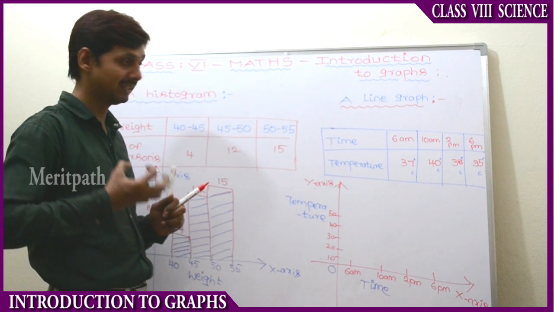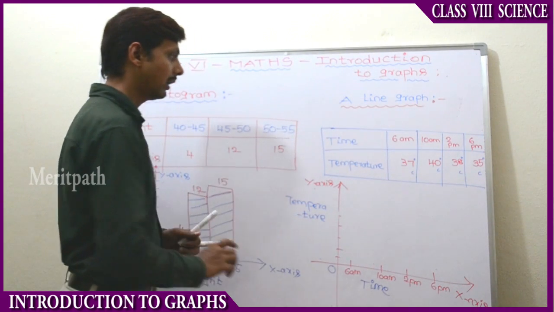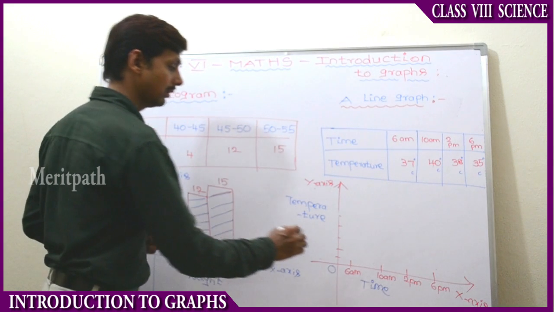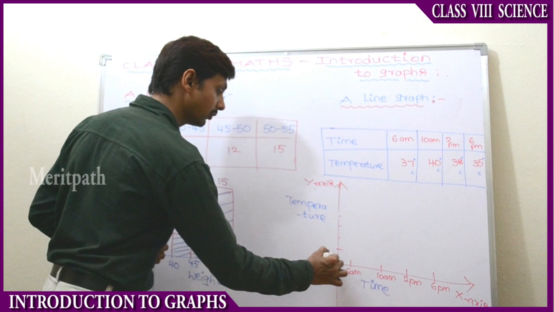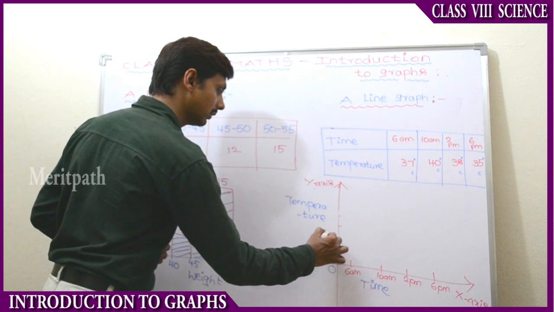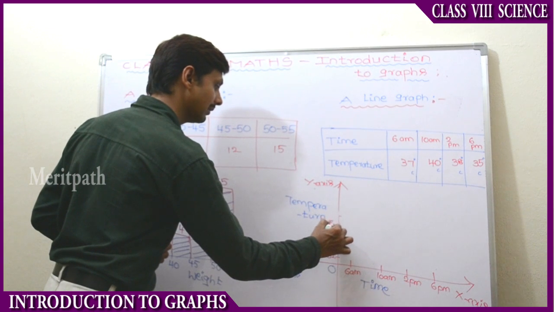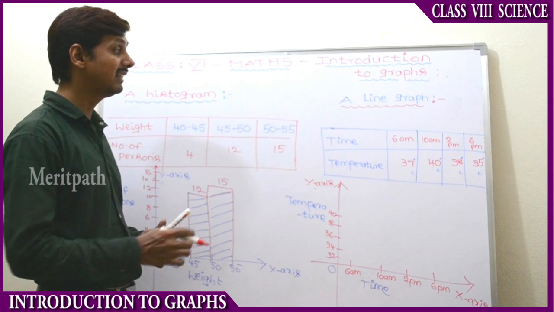So that's the reason we take a smaller gap between the temperatures. It starts from 30, so 32, 34, 36, 38 and 40. Then we can observe very easily.